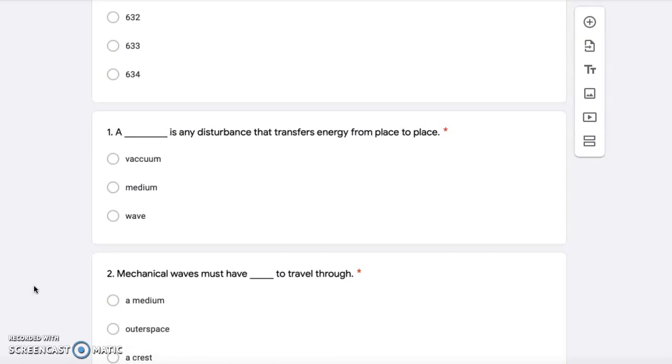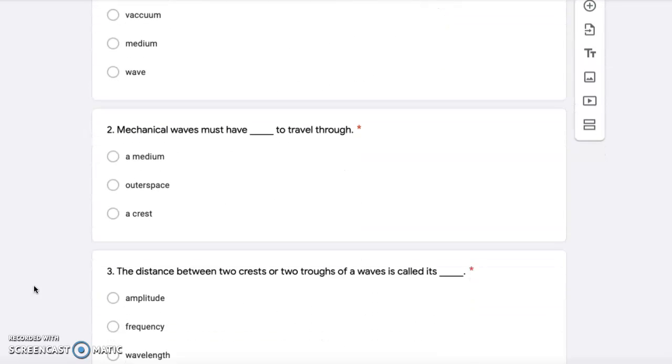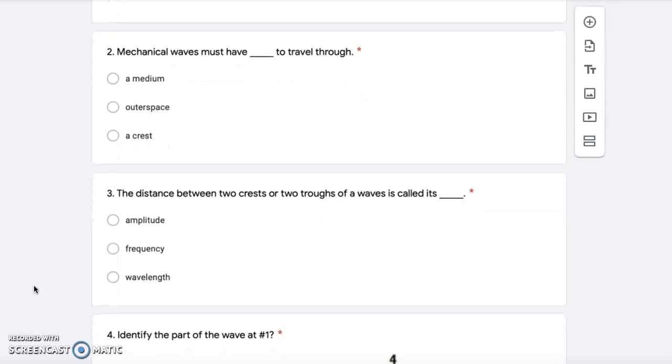Number 1. A blank is any disturbance that transfers energy from place to place. Vacuum, medium, or wave. Number 2. Mechanical waves must have blank to travel through.